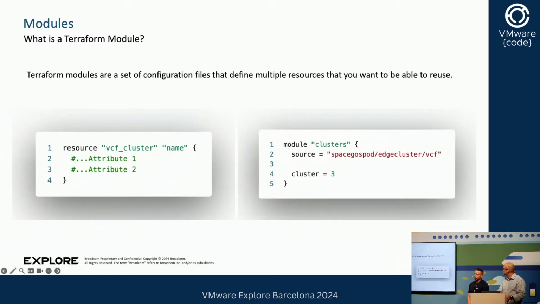If you're, say, deploying lots of clusters all the time, because you have a work stream that is what it involves, you don't want to necessarily keep writing out the same piece of code around deploying a cluster every single time you need to do a configuration. What you can do is have a module which is effectively, let's call it a templated version of that code, which then you can keep as an independent piece of code and then reference it from lots of other different configurations. Again, builds into that reusability piece.